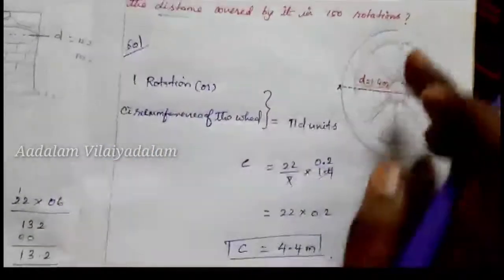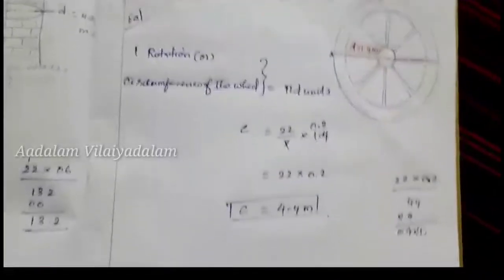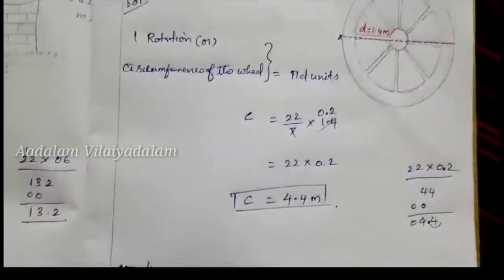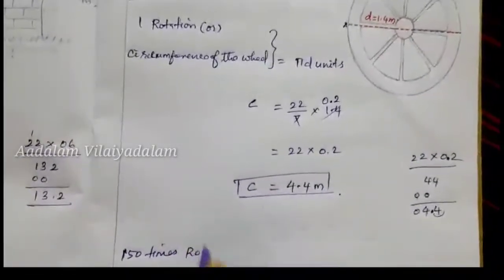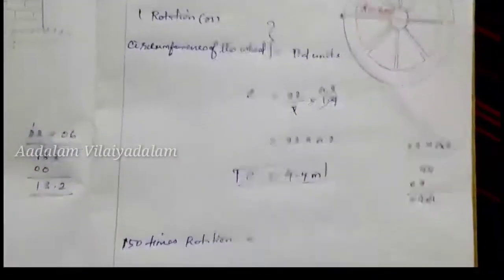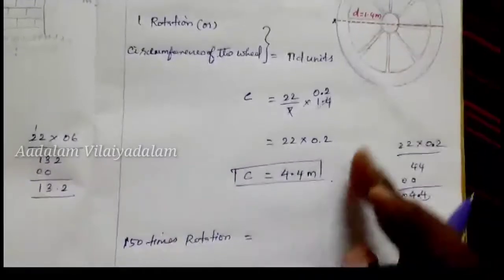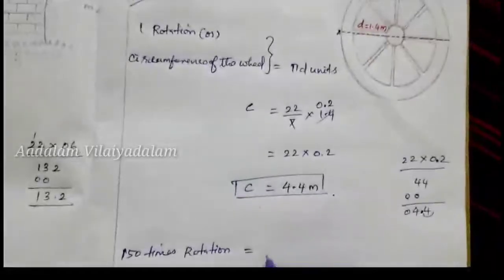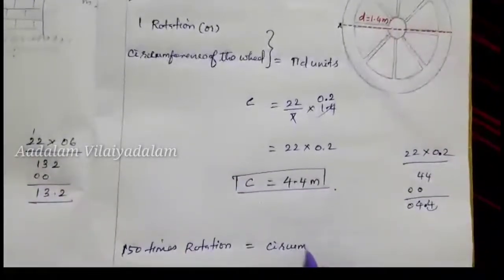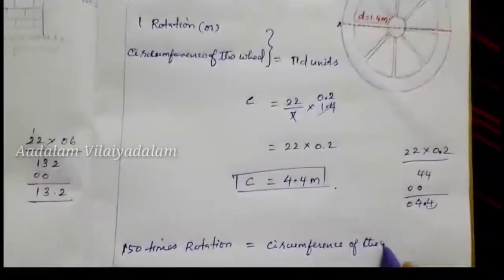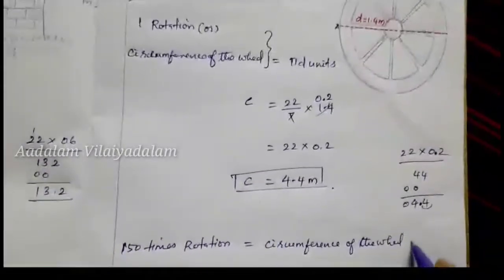Now we need to find the 150 rotations. So therefore 150 times the rotation is equal to, we can multiply the circumference of the wheel into 150.